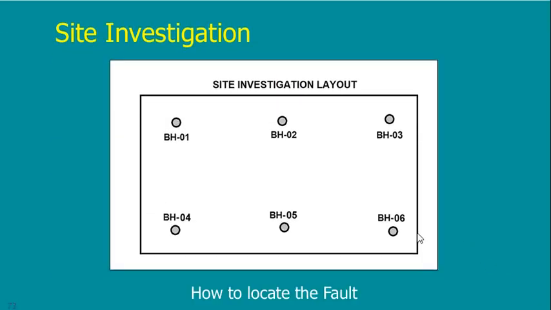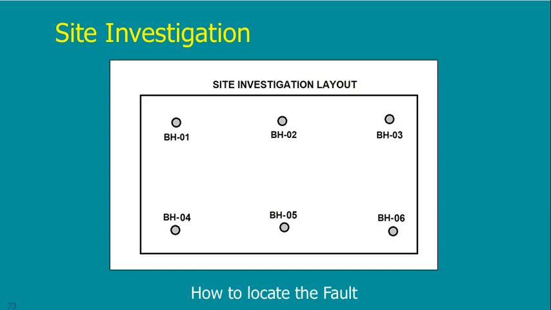This is something new. If I have a site investigation here, these are boreholes 1, 2, 3, and 4. Can you expect where the location of a fault is if I just give you the boreholes? Usually in real life we should do this for any site.